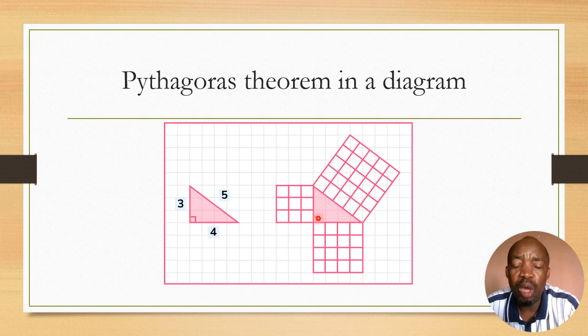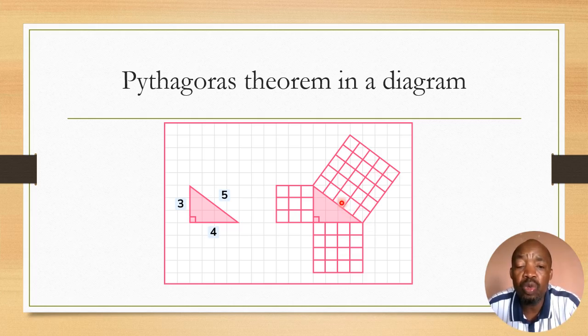Now, the theorem says the square of the hypotenuse is equal to the sum of the squares of the other two sides, meaning that all the small squares in that square must be equal to these squares plus those squares. Let us quickly count the small squares here.